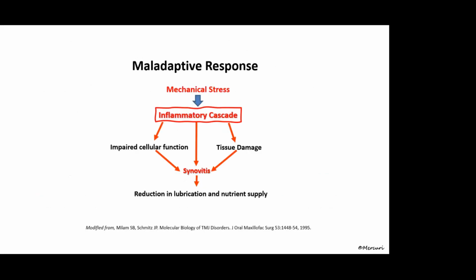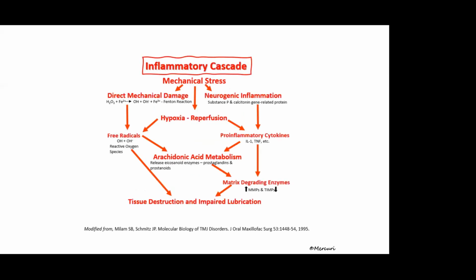And that maladaptive response results in the inflammatory cascade, leading to impaired cellular function, tissue damage, and synovitis, which reduces lubrication and nutrient supply to the fibrocartilage. This inflammatory cascade is shown here in this cartoon, and it leads to tissue destruction and impaired lubrication.